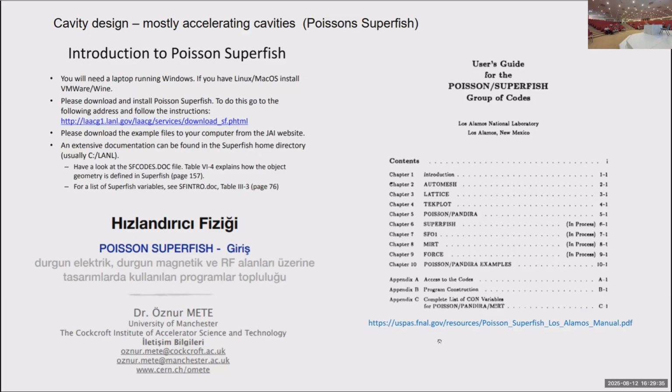I'm not sure, maybe in Manchester or Cockcroft. Maybe you read it, or you can download the English version from the CERN site.